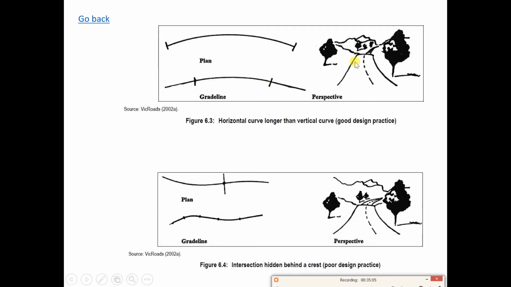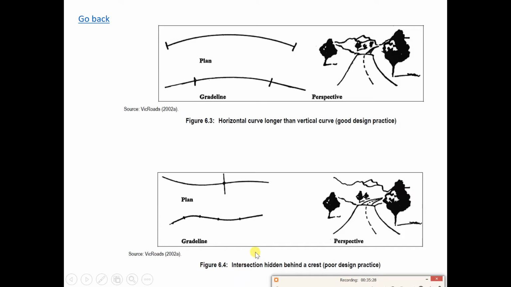This appears similar to the previous sketch, but the point to be met is that the vertical curve length needs to be shorter than the horizontal curve length.